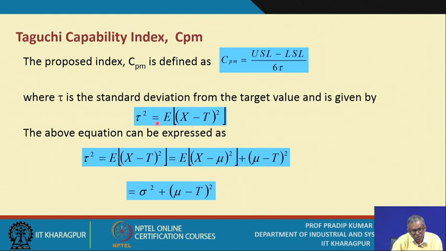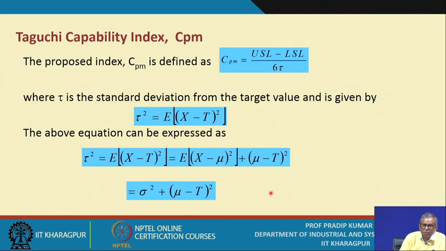Is it okay? So, that is why we use a separate notation, tau square, and when you go for manipulation of these equations, you have these expressions. That means expected value of x minus mu square plus mu minus t square. Is it okay? Obviously, we assume that the product term is absent.